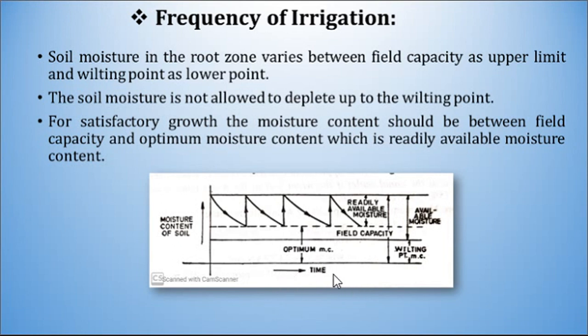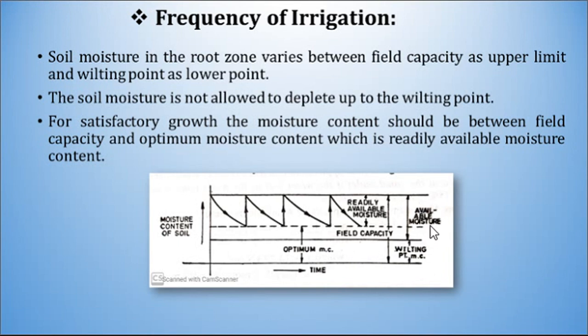Here time is expressed on the x-axis, and moisture content of the soil is expressed on the y-axis. The dotted line represents the optimum moisture content. This is the maximum holding capacity of the soil, that is field capacity. This is the wilting point, below which we have to ensure that the water should not drop.